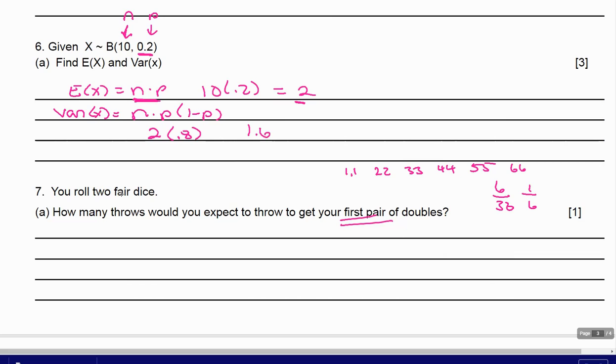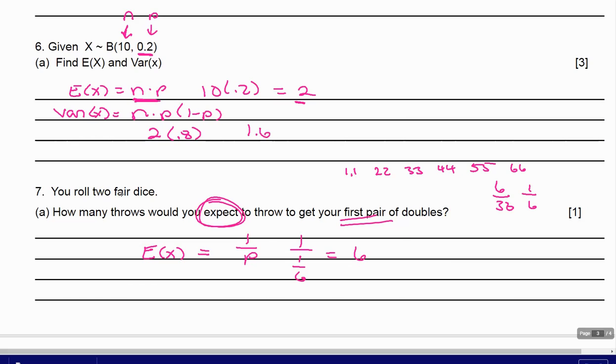How do I find the expected value of a geometric distribution? Yeah, 1 divided by P. Okay? What's 1 divided by 1/6? It's going to be 6. Now, again, the nice thing about this is it kind of makes sense.